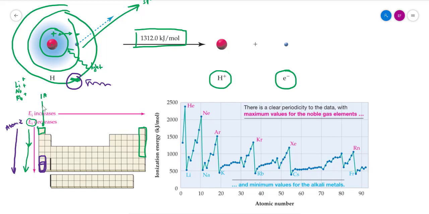In contrast, the ionization energy gets higher as you go from left to right, and that makes general sense, right? If you go all the way to the right to, say, the halogens, chlorine, bromine, and iodine, these things want to accept electrons. They don't want to get rid of them.